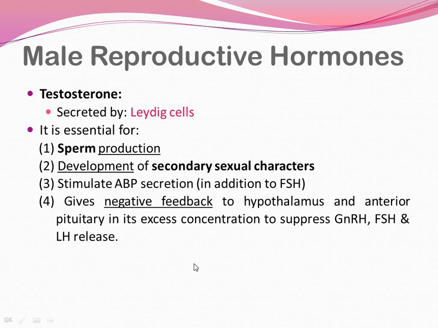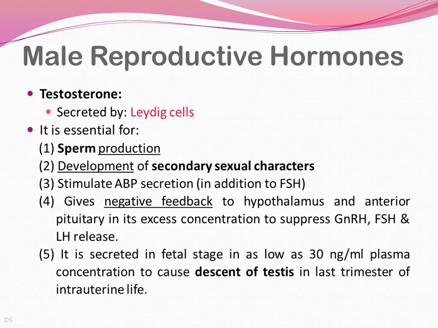Now, the last function is very important and happens in intrauterine life. Intrauterine life means the fetus is still within the womb, within the uterus. In the last trimester of this intrauterine life, there is a release of a very low quantity of testosterone, as low as 30 nanogram per ml.